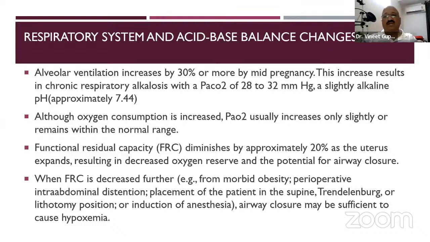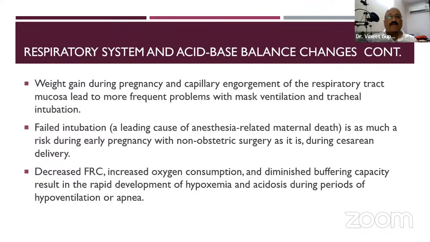This is already discussed very nicely in earlier topics. When FRC is decreased further by morbid obesity, perioperative intra-abdominal distension, placement of the patient in the supine, Trendelenburg or lithotomy position, or induction of anesthesia, airway closure may be sufficient to cause hypoxia. That is the important point.